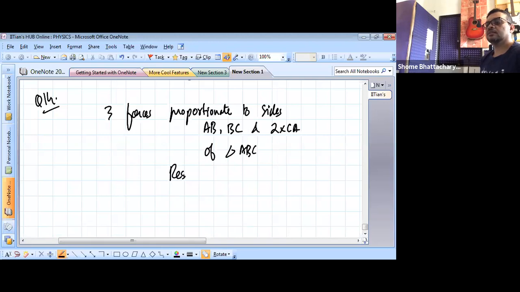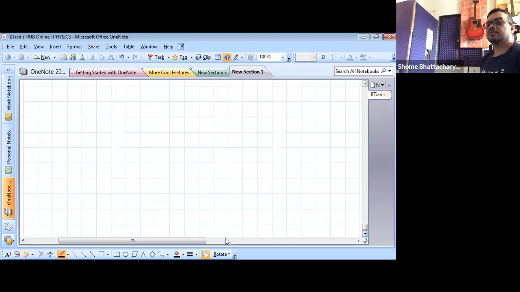So let's just draw an arbitrary triangle and understand what this means. Suppose I just have some odd triangle like this, ABC.